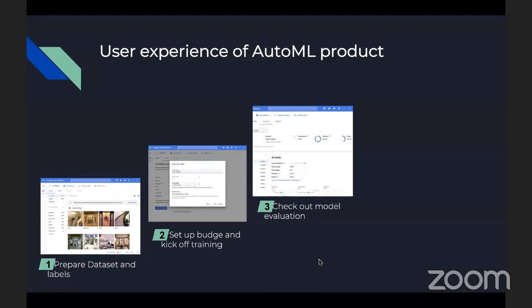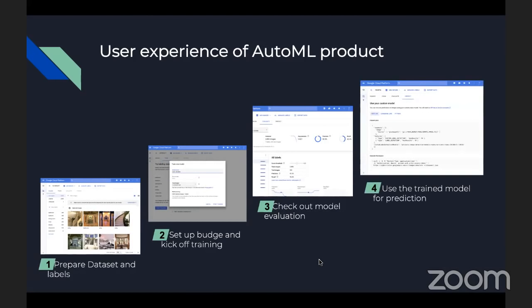After the training is automatically done, you can check out the final metrics of this model. If you are satisfied with that, you can do your batch inference or online serving directly and seamlessly.